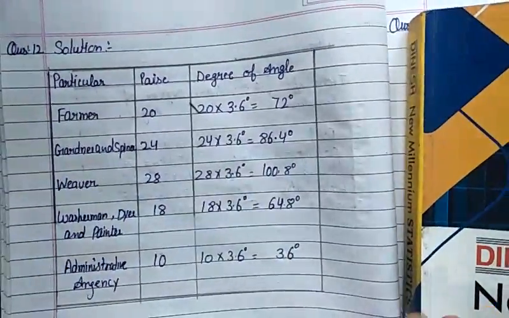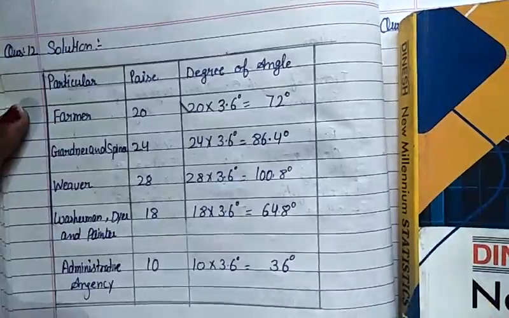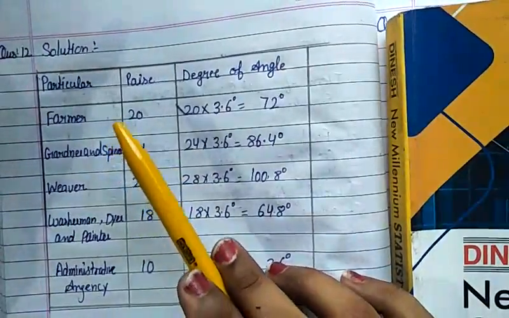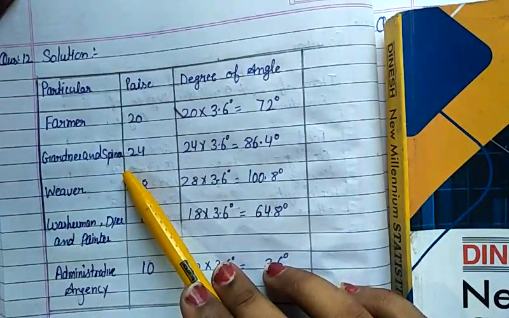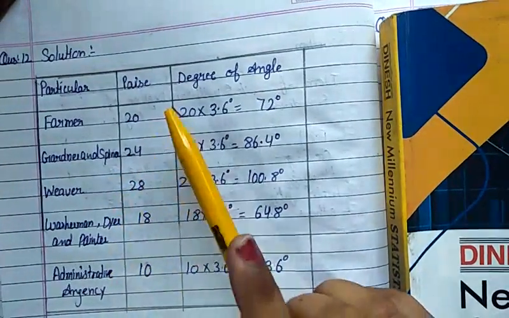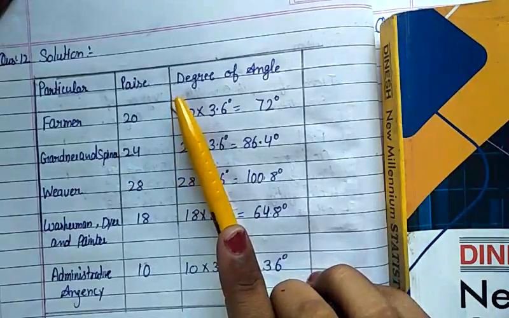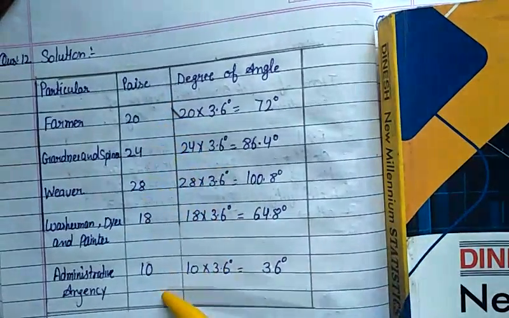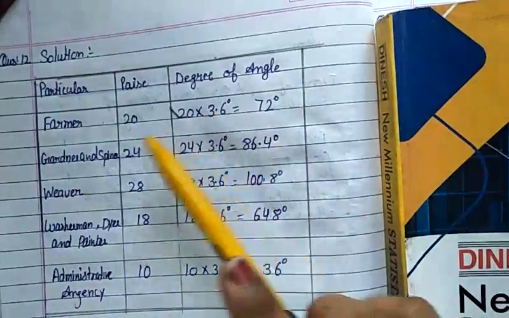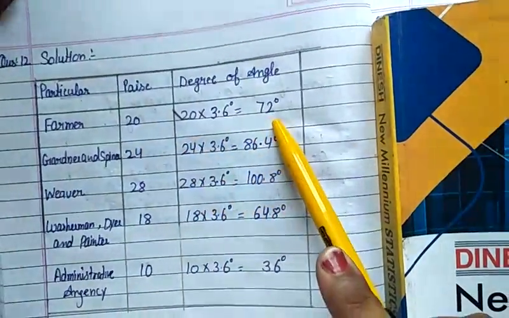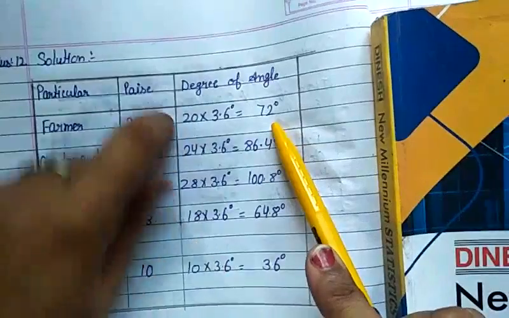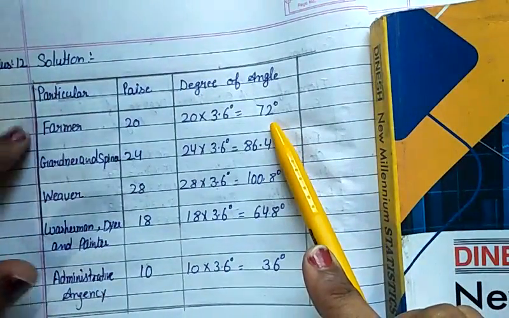So first of all, students, we make a table like this. First column for particular, like farmer, gardener and spinner, weaver, washerman, dyer, and in the second column we write the paise, that is distribution of rupee in all of these. After that we will calculate the degree of angle related to particular thing.